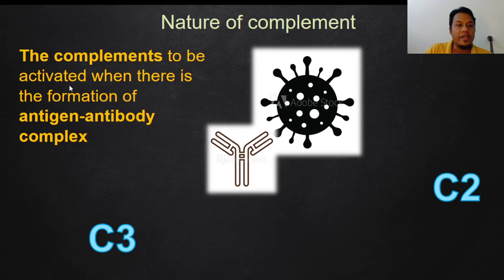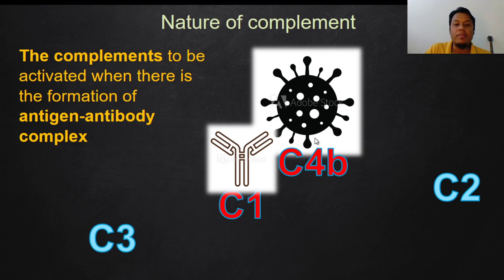Complements are activated when there is formation of an antigen-antibody complex. So this is the classical pathway inducer. For complements to become activated, they need the formation of an antigen-antibody complex, as we can observe in the classical pathway of complement protein activation. It begins with the activation of C1, and C1 will cleave C4 into C4a and C4b.